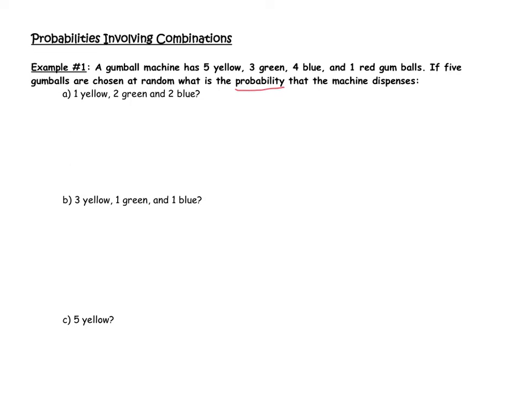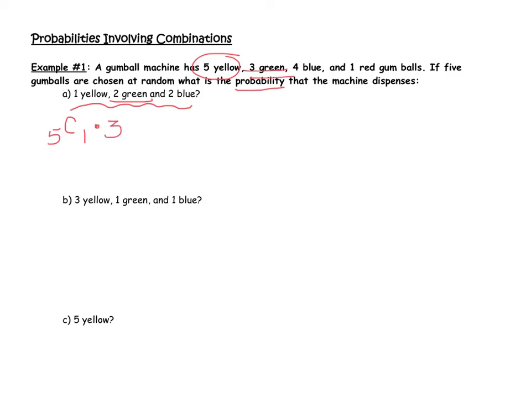So we need to figure out all the possible ways that I can get this. So that's where, since there are 5 yellow, we have 5 yellow, and we want to figure out how many groups of 1 we can make. So 5C1, order doesn't matter how we pick them, but these are the number of ways that we can. And we want to multiply that by, since I want 2 green, I have 3 total.